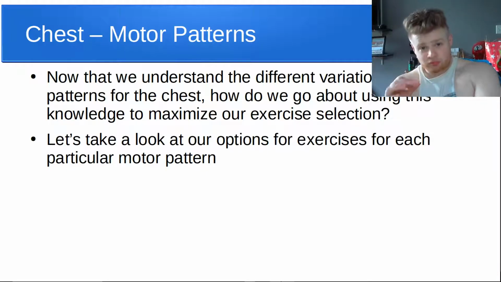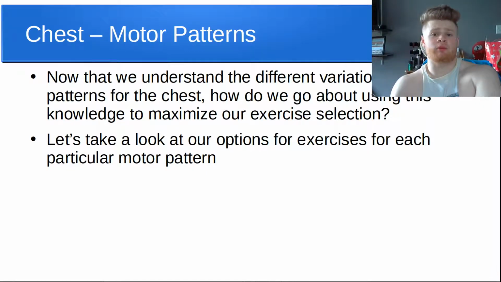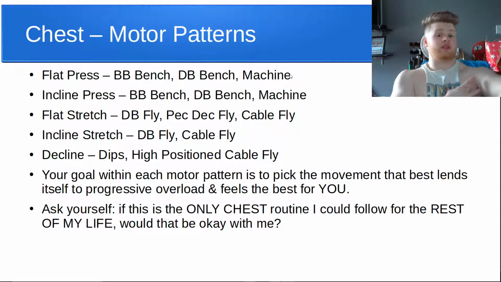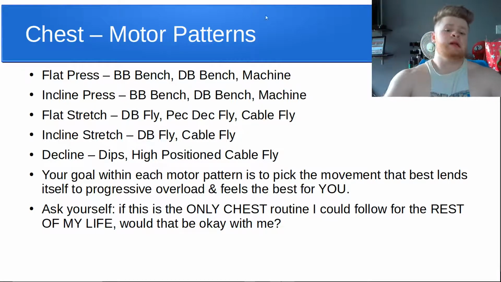Let's take a look at our options for each particular motor pattern and each particular plane of movement. For our flat pressing movement, our main options are going to be barbell bench press, dumbbell bench press, and then some sort of a machine bench press that exercises shortening and lengthening the humerus and clavicle in a flat plane of motion. Incline presses, we have the same choices.